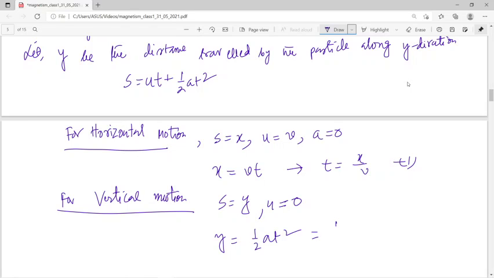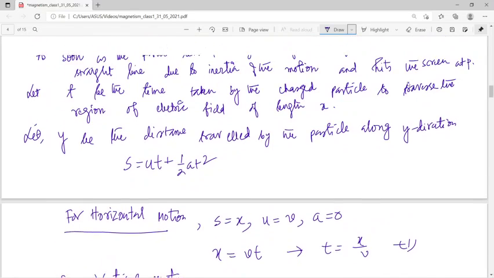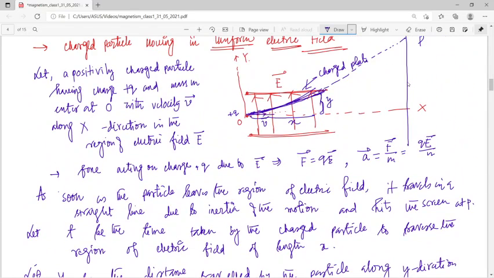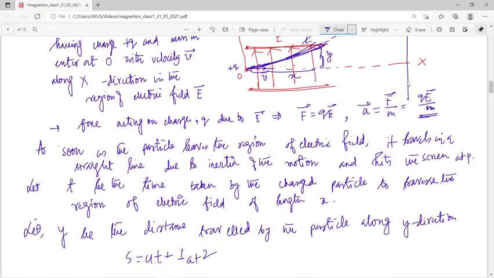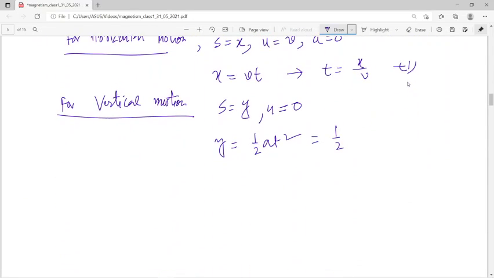And what is a? We already found it: a is qE by m, the acceleration from the force. So this is qE by m, the corresponding acceleration, and t we find from the earlier equation, x by v. So x by v whole square.